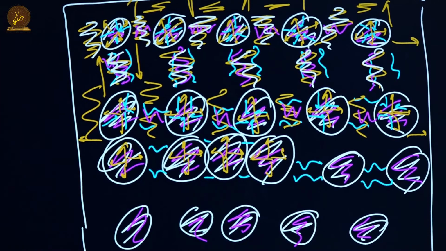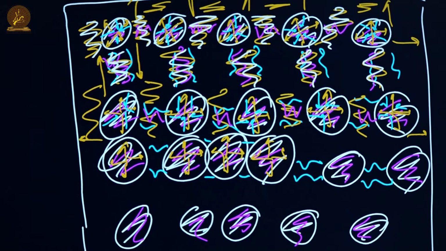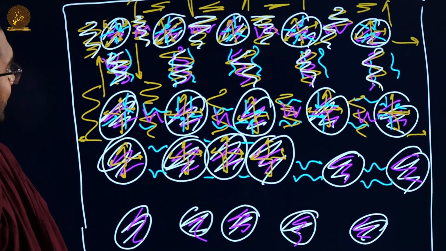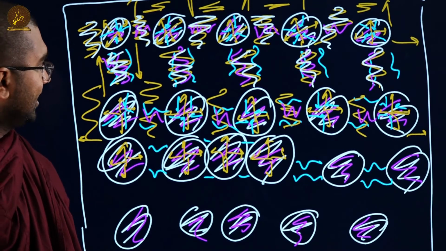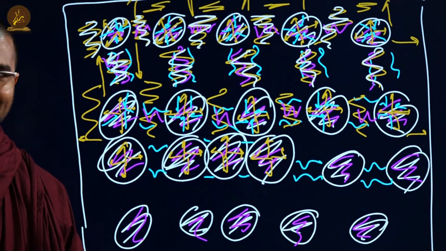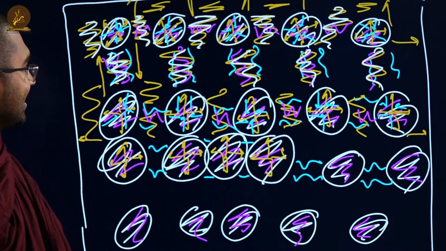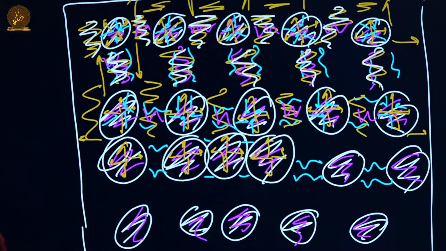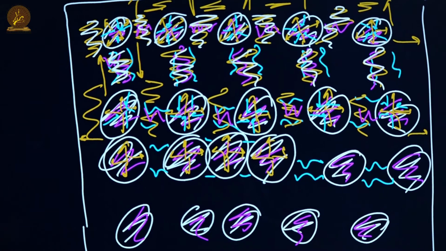So this is how a material body exists. We can find the forces within a Rupa Kalapa, and at the same time the forces that can be felt between the Kalapas as a single unit.